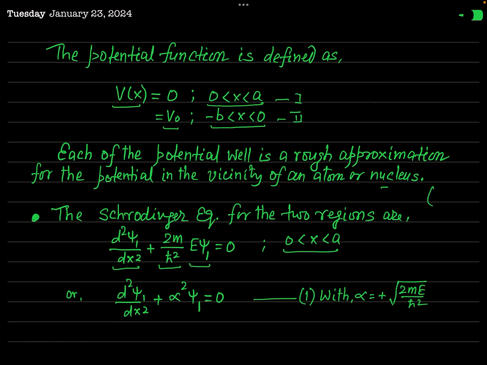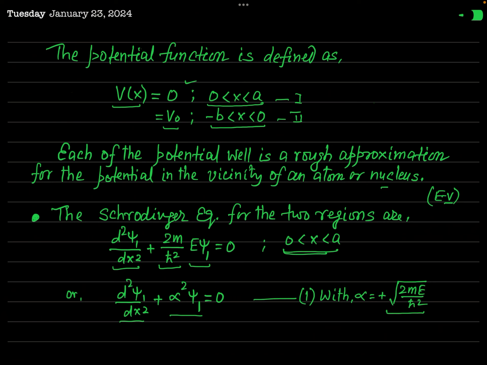Actually, in the Schrodinger equation there is E minus V, but since V is 0 in this region, the equation is like this. And this equation can be equivalently written as d2 psi 1 by dx square plus alpha square psi 1 equal to 0. Here, alpha is equal to the square root of 2mE over h bar square. This is a positive constant.